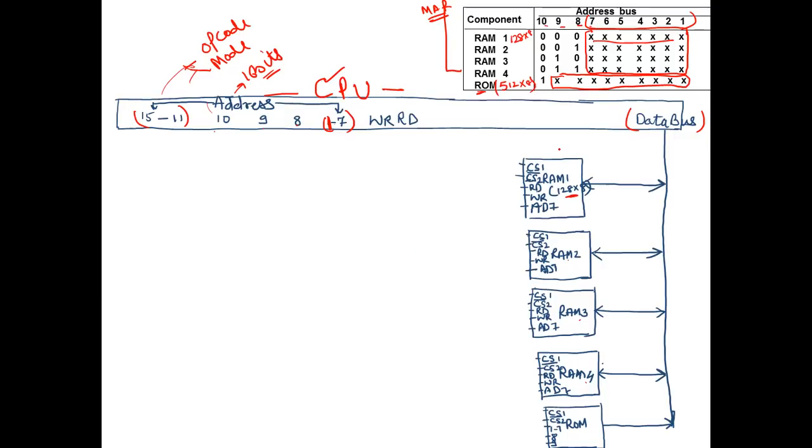As demonstrated in the previous lecture, the RAM chip has CS1 and CS2 complement. This is for RAM and ROM. In the RAM we can perform read and write operations, so these lines are there.